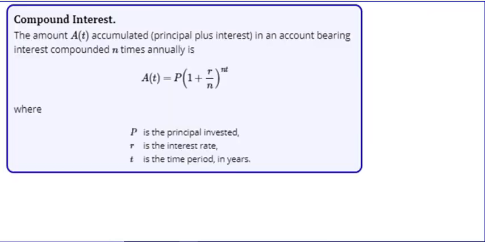Compound interest is another equation that we'll look at, and we'll look at some word problems involving that. But we'll look at the n, which is the number of times it's compounded, and we may look at it in terms of monthly, yearly, daily, weekly, and so forth. So that n could mean different things.